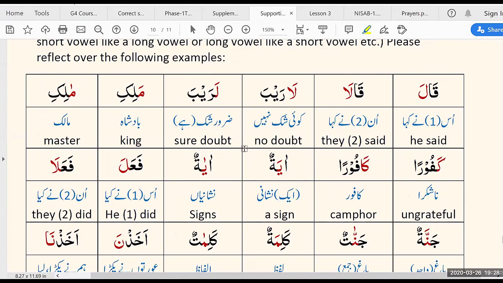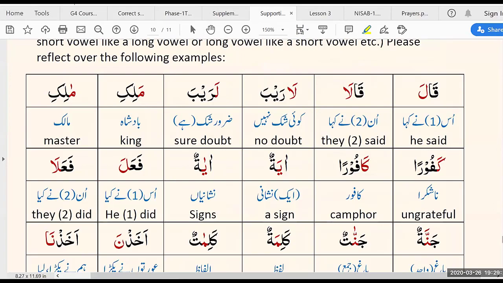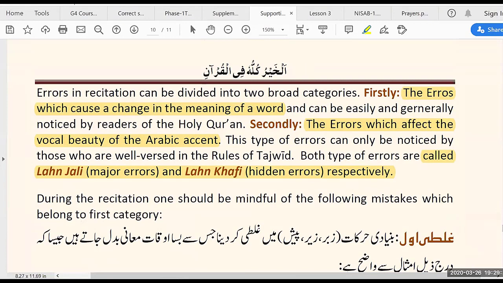It will also change the meaning of the verse as well as the entire context of what we are reading. Here we also have the same example, la raiba. If we were to shorten it or prolong it, it will change the meaning, and it is a major error. Okay?